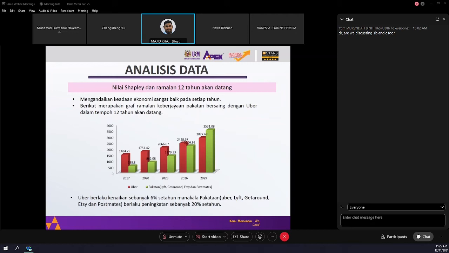And when doing correlation with other smaller companies such as Get Around and others, they actually can overtake Uber in the next few years. So this is very important, and it actually motivated him.